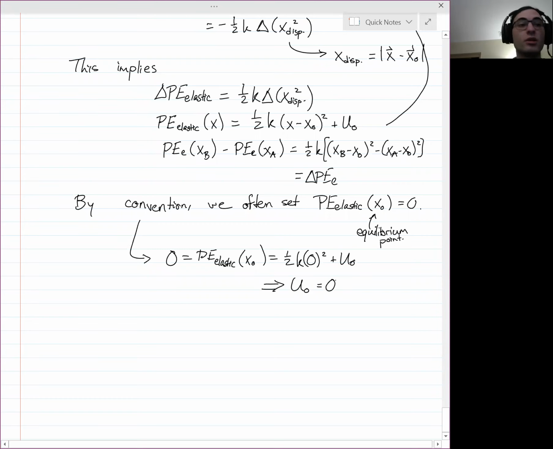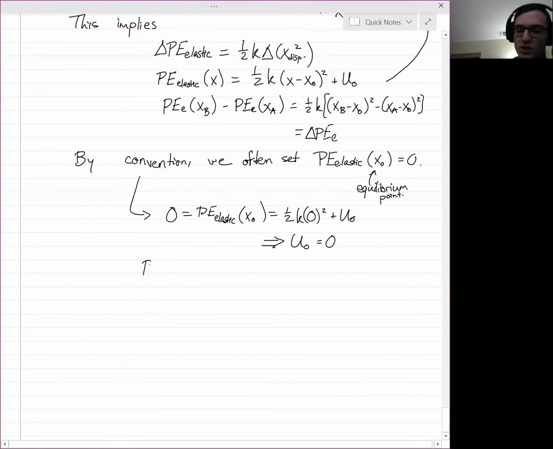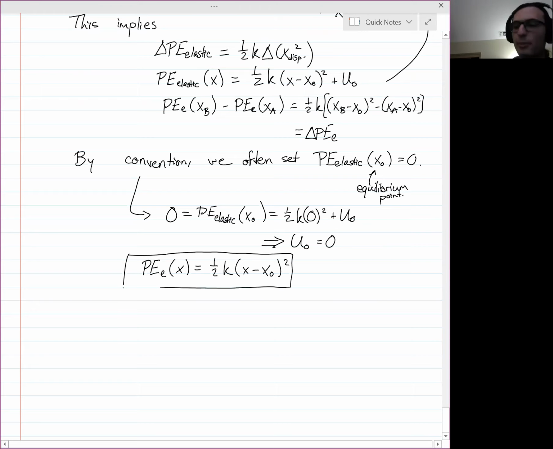So the convention that we use typically is that the elastic potential energy as a function of x is just 1/2 k (x minus x naught) squared. That's the formula that we'll use most of the time. In a little bit, we'll actually see an example where we don't use that, but for the most part, that's what we're going to use.